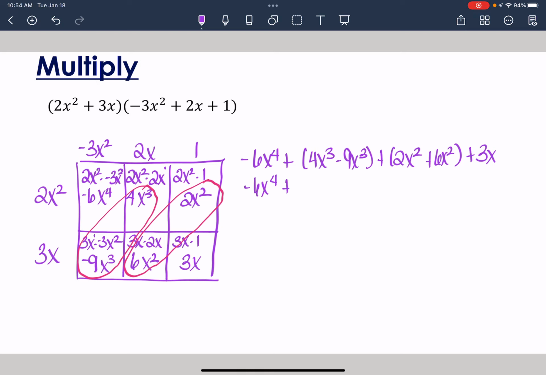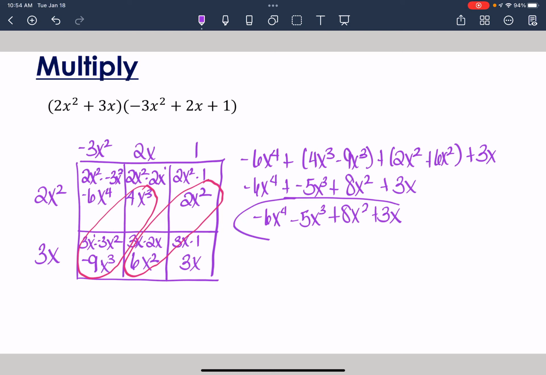Then I have plus 4 and negative 9, so that's going to be negative 5x cubed plus 2 and 6x squared, that's 8x squared, and then plus 3x. Remember, if I have a plus negative, that can turn into a subtraction sign. So I have negative 6x to the 4th minus 5x cubed plus 8x squared plus 3x. And that is your answer.